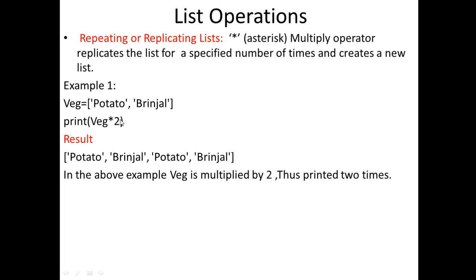So a list and an integer. But when you use the joining operator or the concatenation operator, both arguments must be lists. But here one argument must be an integer. So you need to take care of that.